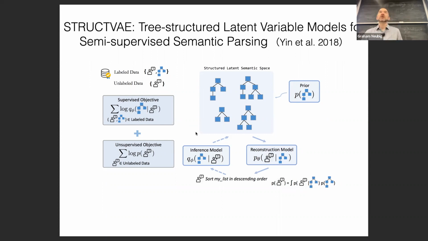Essentially, this paper learns a language-to-code generator in a supervised way, but then also in an unsupervised way, it has the inference network that predicts the underlying program, and then a reconstruction loss that tries to repredict the original utterance. And you can use this as a semi-supervised objective.